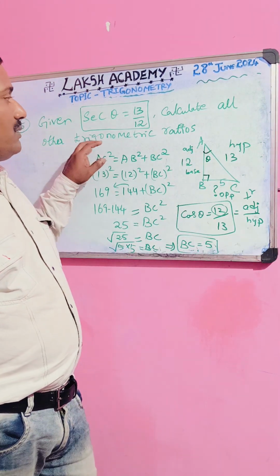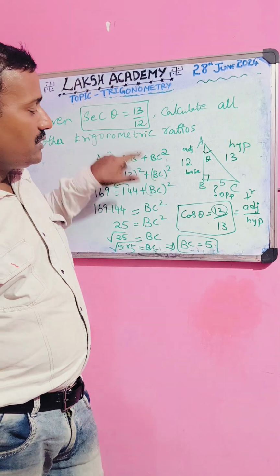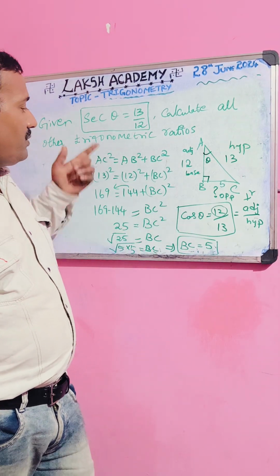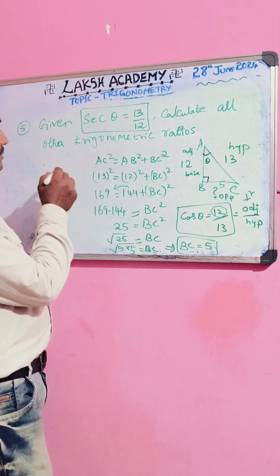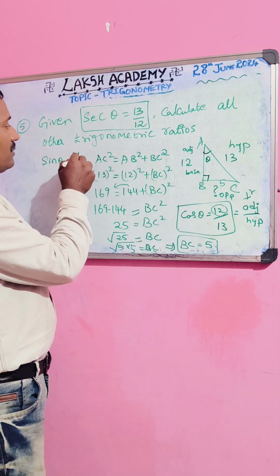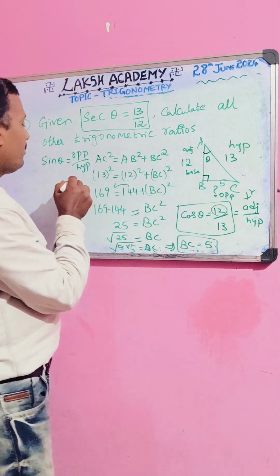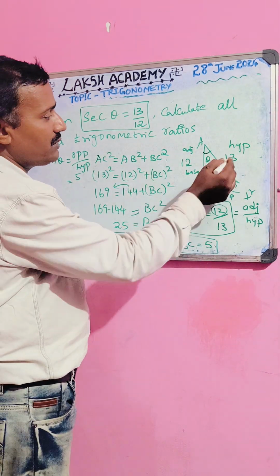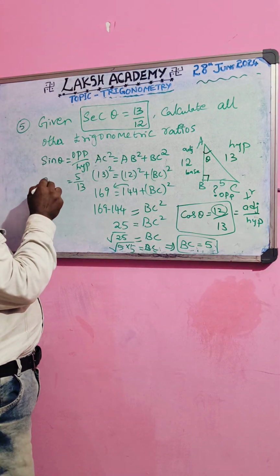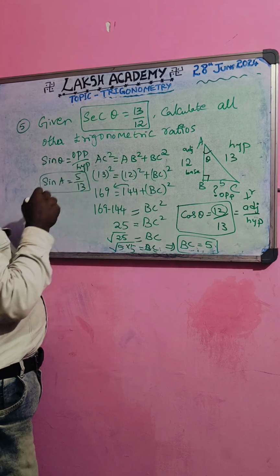Now we need to find the other trigonometric ratios. We got cos theta, and secant theta is given. The reciprocal of this we can write directly as 12 by 13, but we don't know sin theta. For sin theta, you need to remember it is opposite by hypotenuse. The opposite side here is 5, and the hypotenuse side is 13. So sin theta, that means for angle A, sin A is 5 by 13.